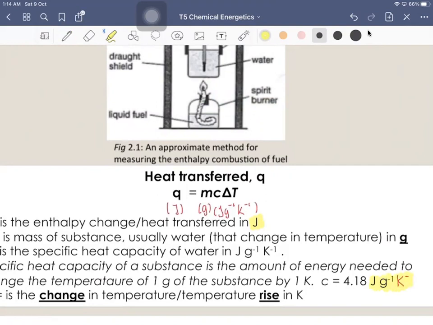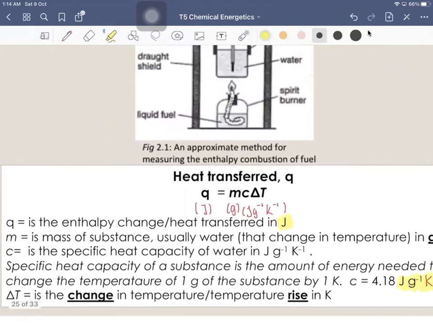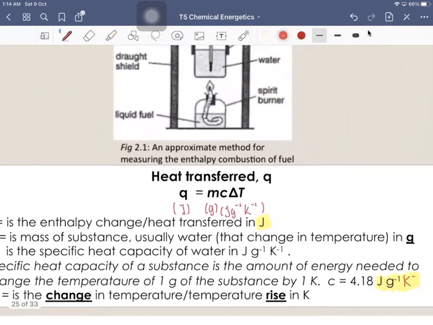So that means delta T, change in temperature, is in Kelvin. If you know how to work this out, the units of MC delta T: the units of M is grams, the units of C is joules per gram per Kelvin, and the units of delta T is Kelvin.